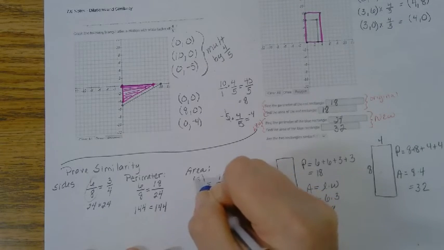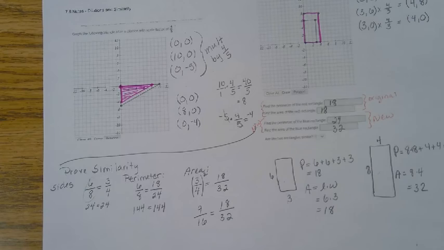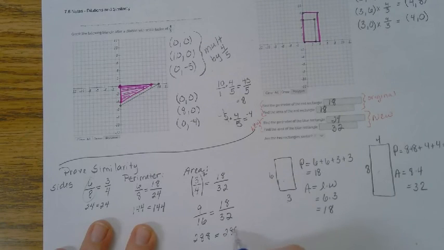So the sides have to be squared when you're comparing area. So this would actually have to be 9 over 16 equals 18 over 32. Let's see if that works. When we multiply there, 9 times 32 is 288, and then 16 times 18 is 288.